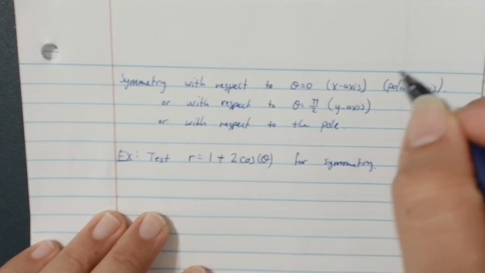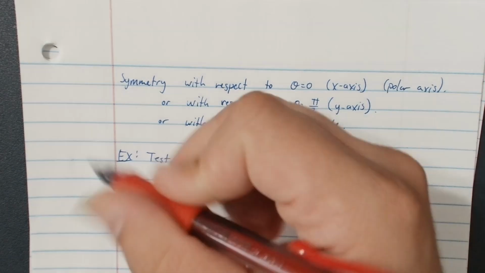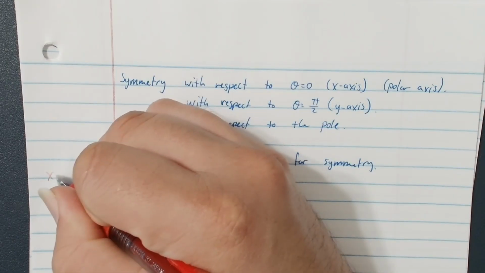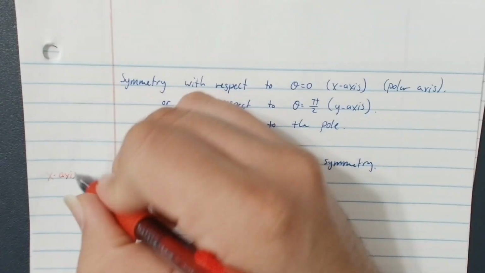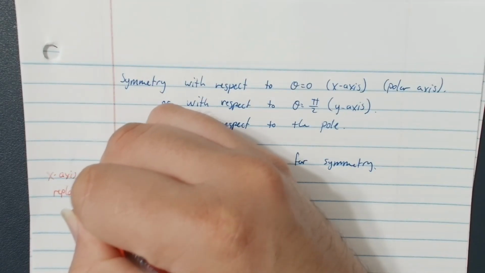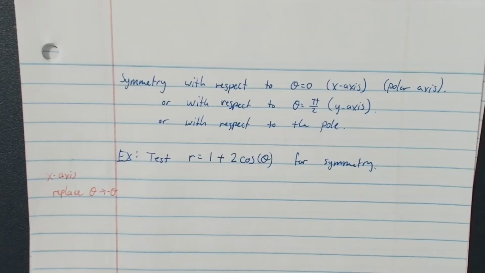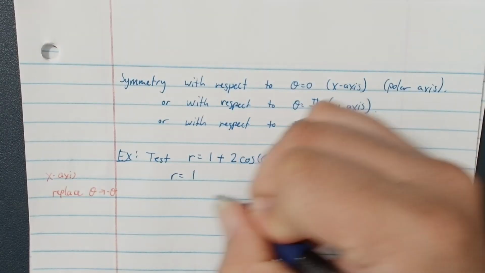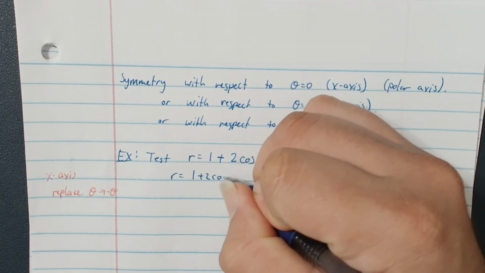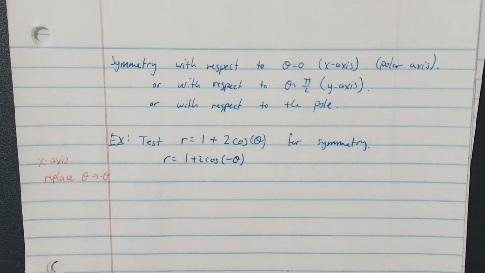To test for that one, all we're going to do is replace our angle theta with minus theta. Here, this is going to be the x-axis. So the way this works is you take your equation and replace your theta with a negative theta, and then simplify by whichever means is appropriate to that equation.